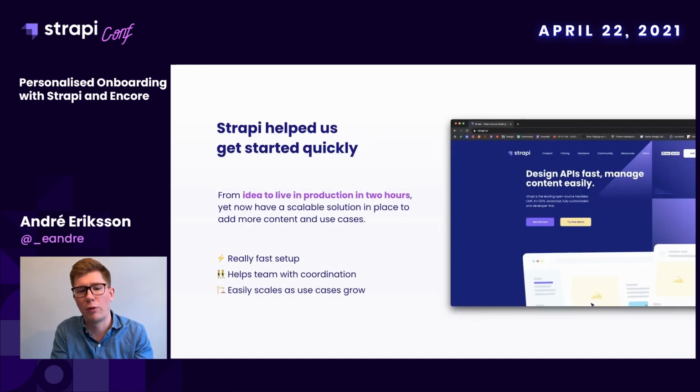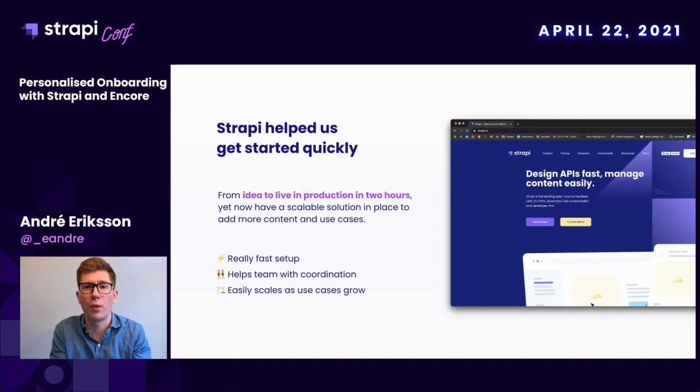And what was really powerful about this was we started with just defining these HTML templates in our code base. But that wasn't really useful, and it didn't let non-technical people interact and improve on the emails. So we had this idea, let's use Strapi for this. And we went from idea to being live in production with this new setup in less than 2 hours.